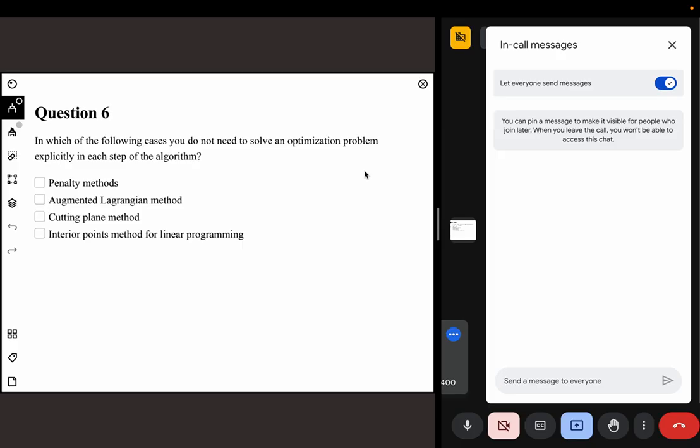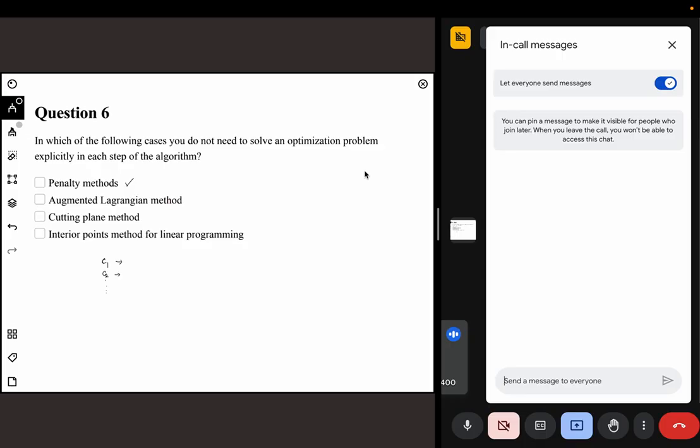Each time you start with some c1, you get a solution, and then you go to c2 and get a solution. You keep doing this. For each value of c, you have to solve the optimization problem. So this I have to solve.